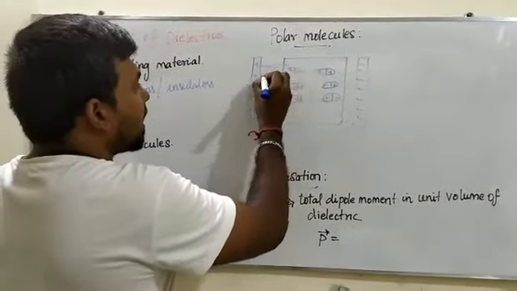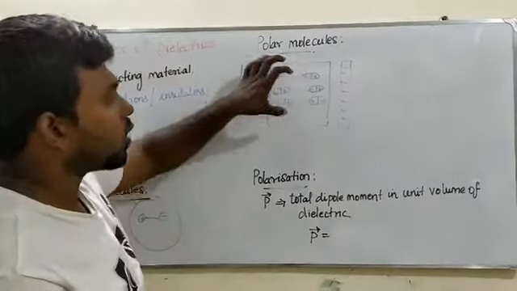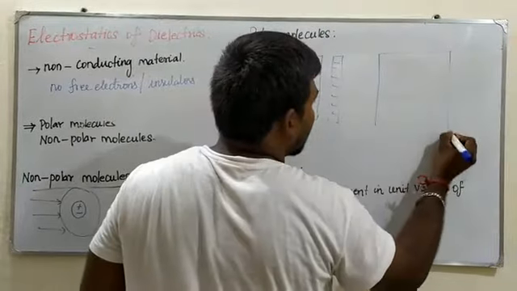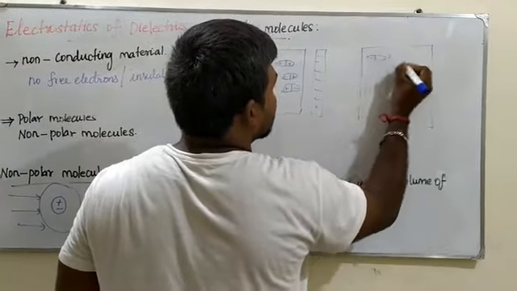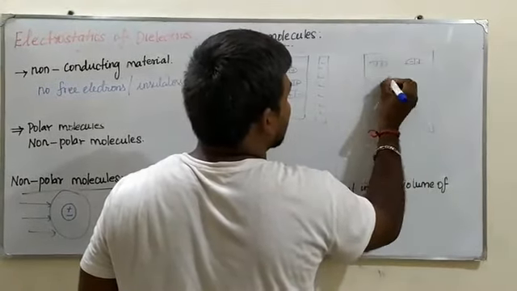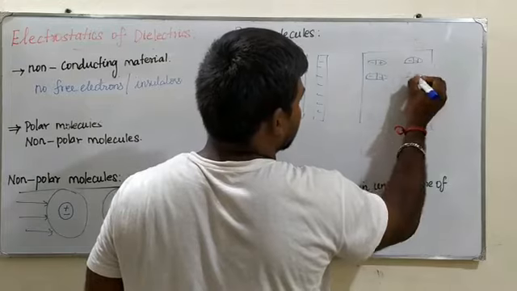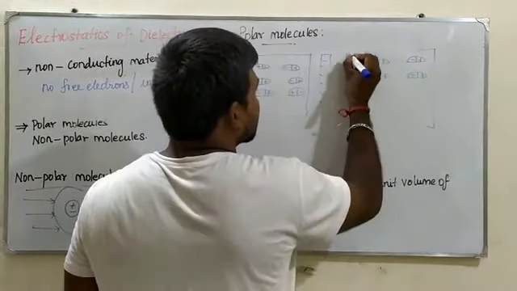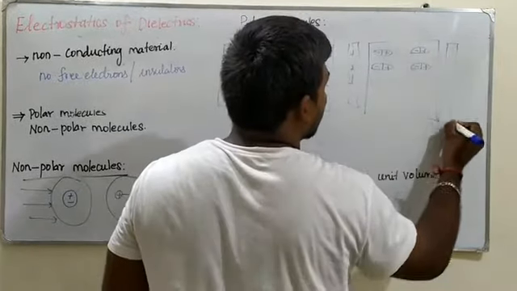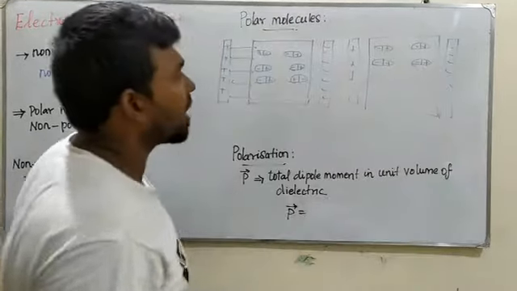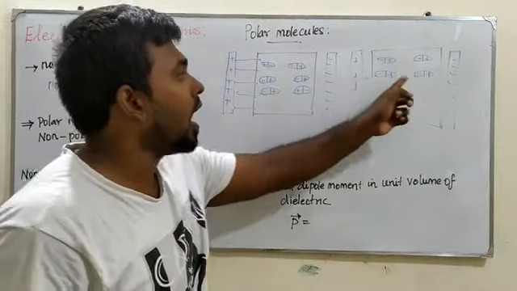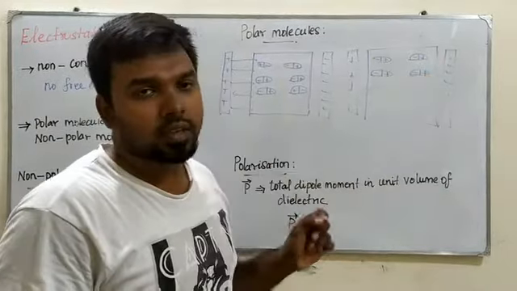These random charges will be aligned in a particular way such that the negative charges will be near the positive terminal and the positive charges will be near the negative terminal. From the diagram we can see this alignment.